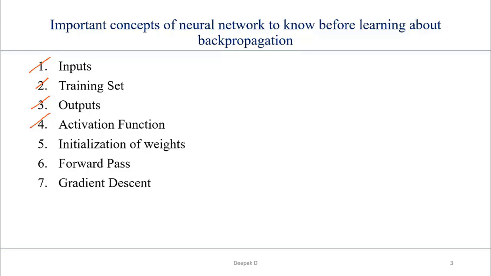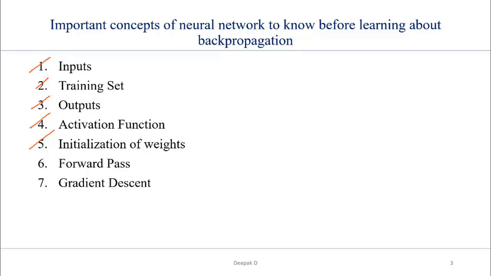And the fifth one is initialization of weights. Each neuron is given a numeric weight. The weights are applied to the activation function and determine each neuron's output. In the training of the neural network learning model, the objective is to discover the weights that can generate the most accurate outputs.